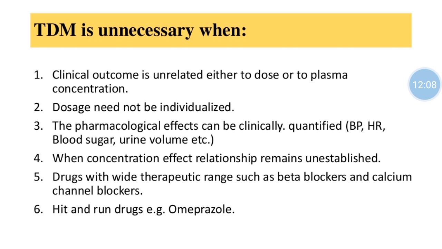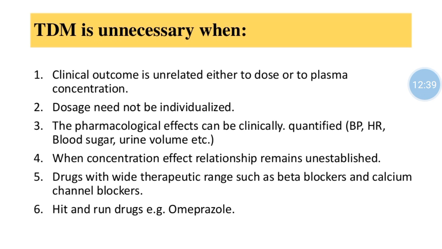Then, when the concentration-effect relationship remains unestablished, meaning if the plasma concentration increases or decreases, or a large amount of drug is present, it does not produce any effect, then that also does not require therapeutic drug monitoring.